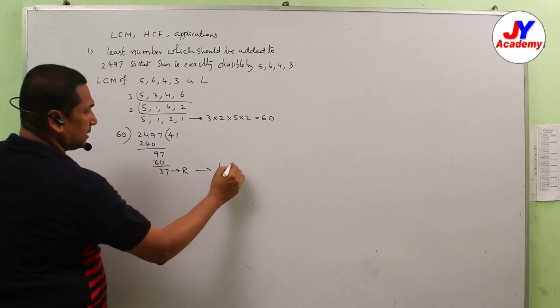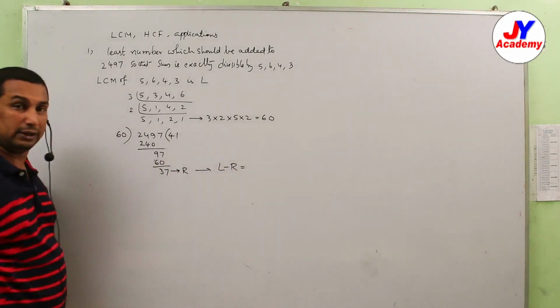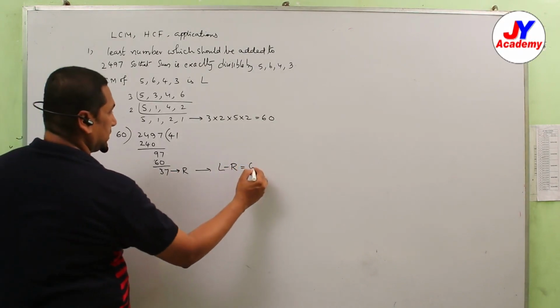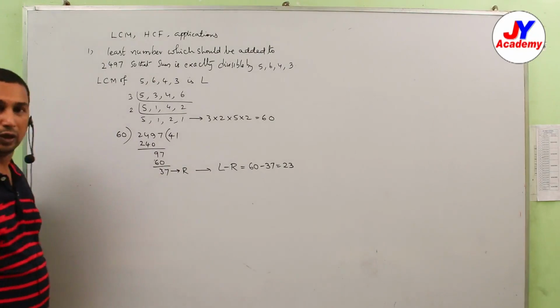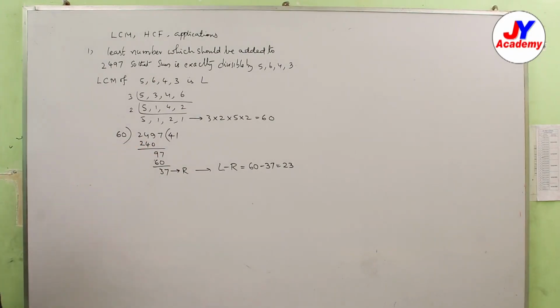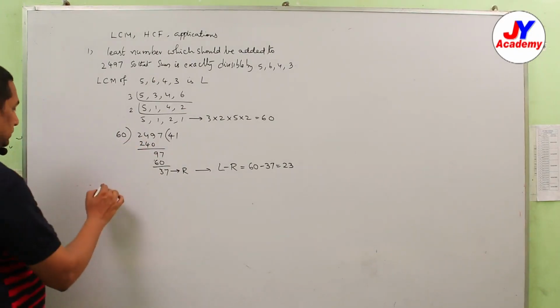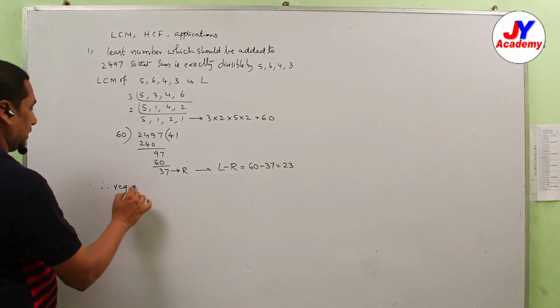Now L minus R, that is 60 minus 37, 23. So that is the least number added.